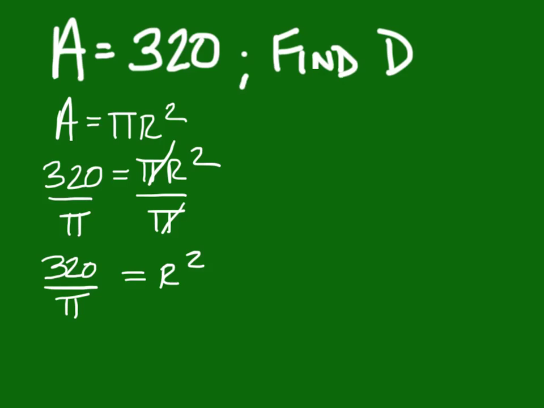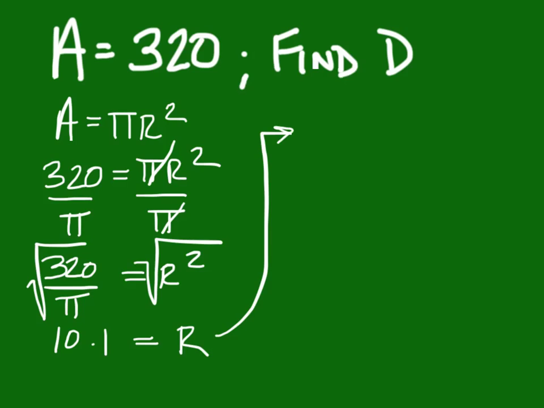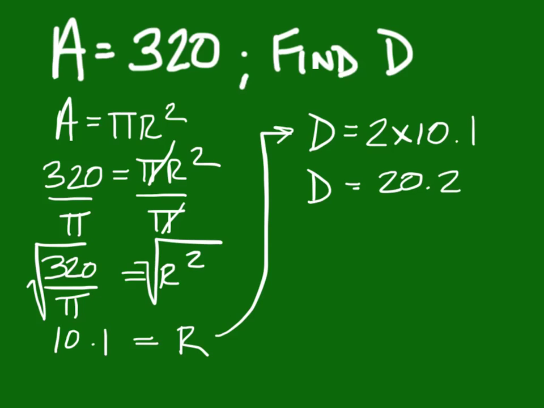To get r by itself, you need the square root of both sides. The square root of 320 over pi is 10.1. That one you must round to the tenth place, and then to get the diameter, you multiply 10.1 by 2 and come up with an answer of 20.2.